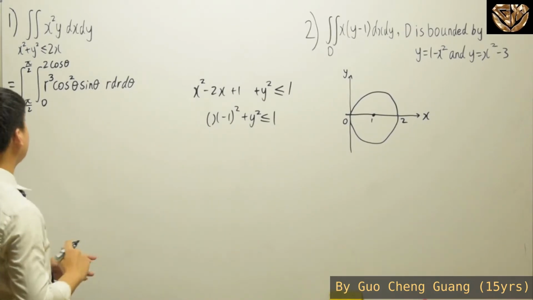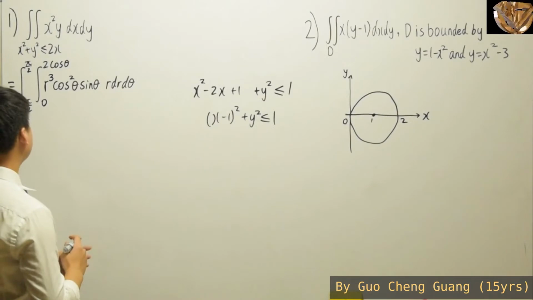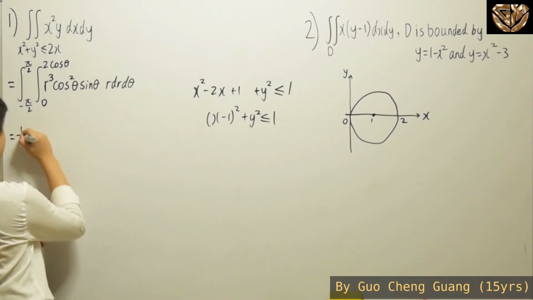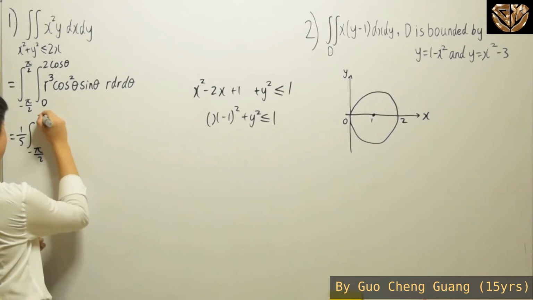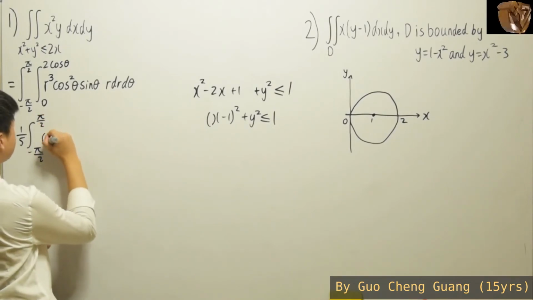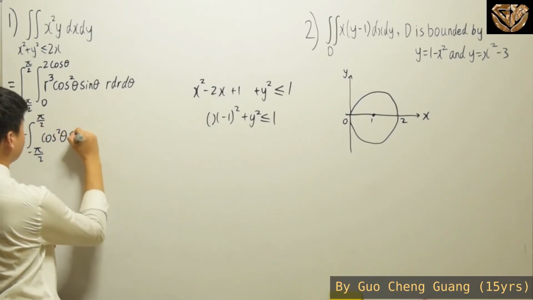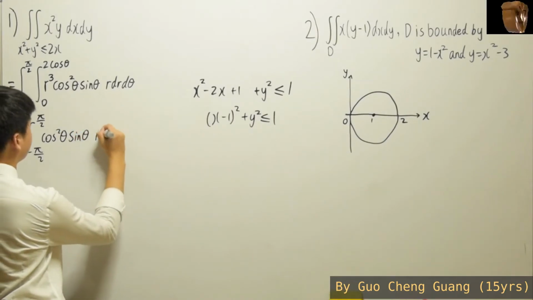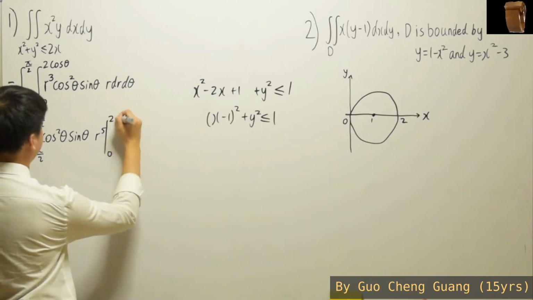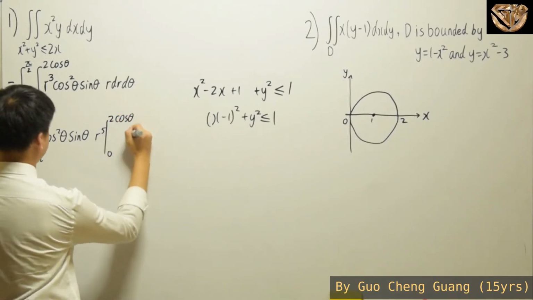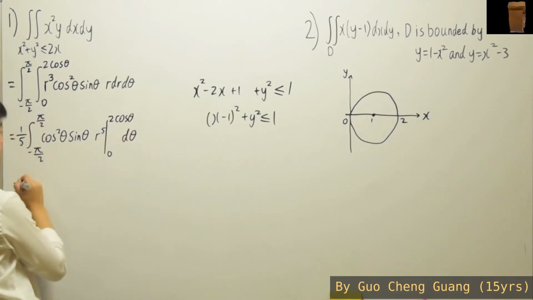Alright, so r to the power of 4, which means you have 1 over 5, and then r to the power of 5 inside. Then you have to substitute in r is equal to 0 and r is equal to 2 cosine theta d theta.